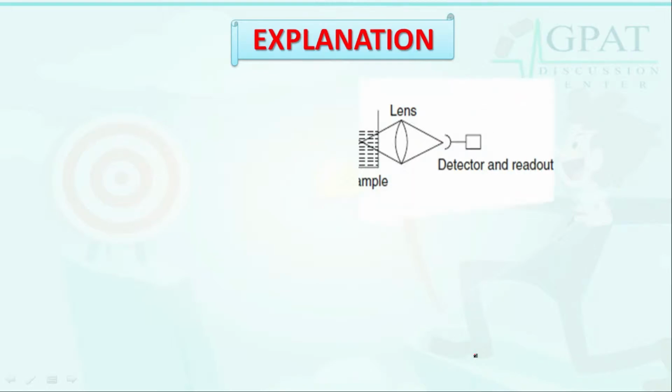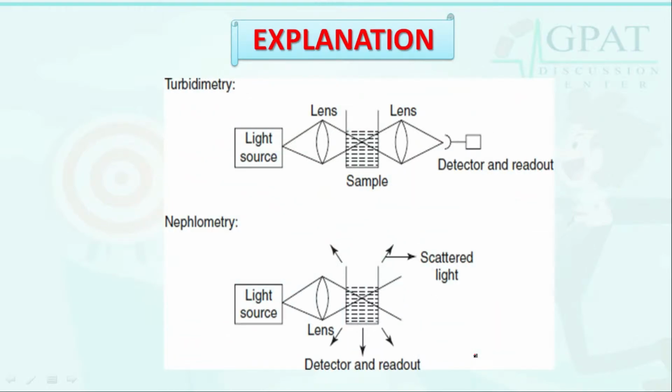In the case of turbidimetry, in the diagram there is a light source, a lens, and the sample to be analyzed, and then again a lens. The light from the source passes through the lens and through the solution, goes through the lens again, and the light which is scattered or transmitted is detected by the detector.